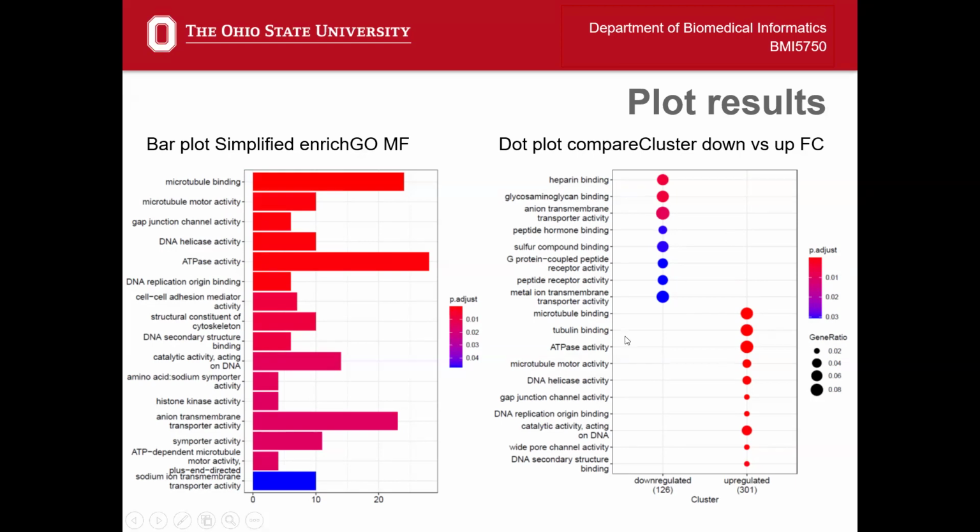This version that I did right here is from compareCluster. I have the commands for this, but I split the genes into those with a positive fold change, upregulated, and those with a negative fold change, so downregulated. And I had it do separate enrichments.